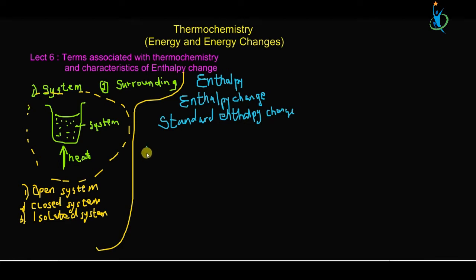So let's begin with enthalpy. Now it is just a word. Don't confuse yourself. Enthalpy is just a word. What does this word represent? It just represents heat content. That is all. So enthalpy simply represents what?